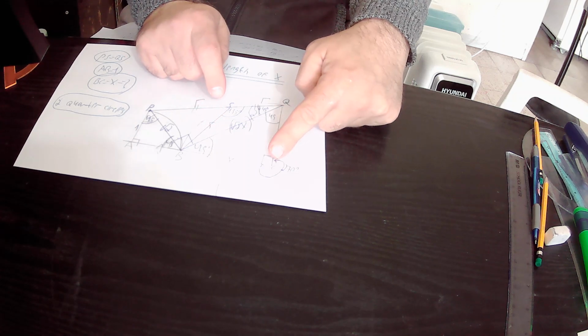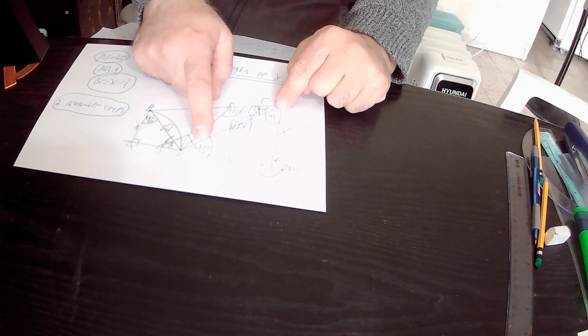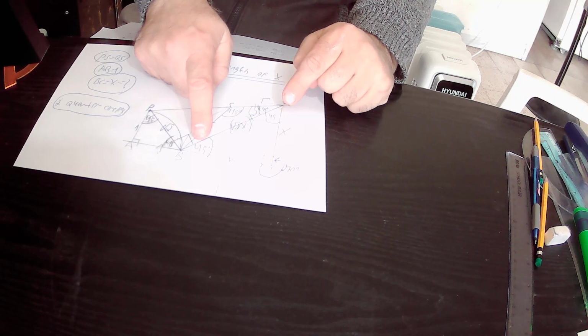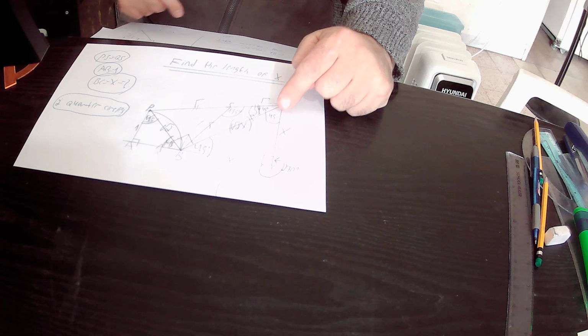So this angle equals 90 degrees. The sum of those two angles must be equal to 90 degrees, and they are equal to each other. Therefore, each angle must be equal to 45 degrees. So this angle equals 45 degrees, and this angle also equals 45 degrees.